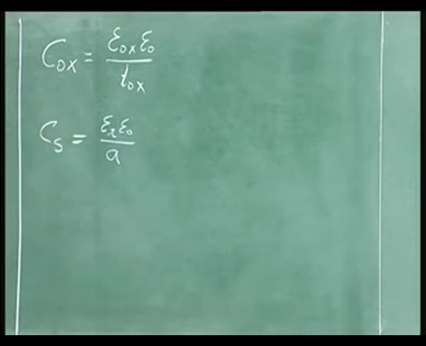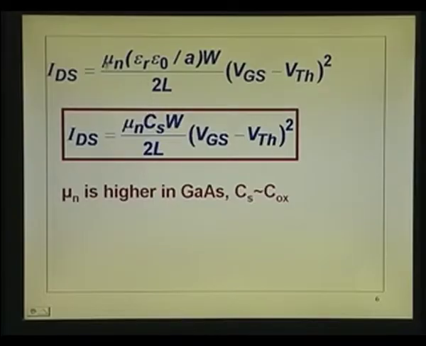Plus you have got the mobility term. So, all put together you will see here that this particular term altogether is larger, maybe at least by a factor of 10 or more compared to silicon MOSFET.